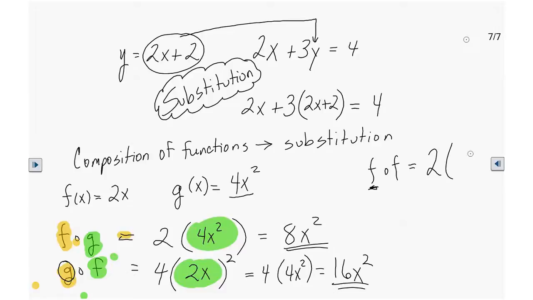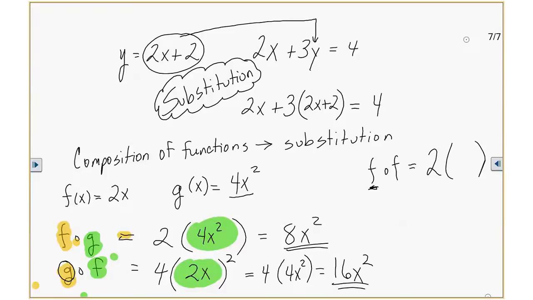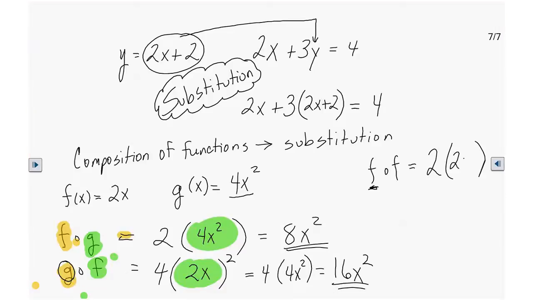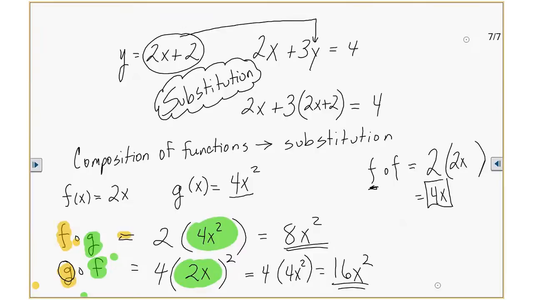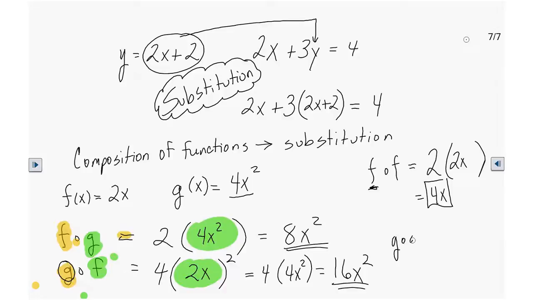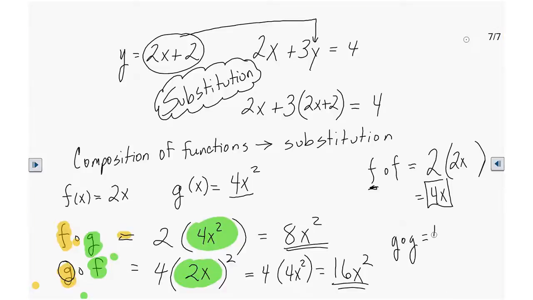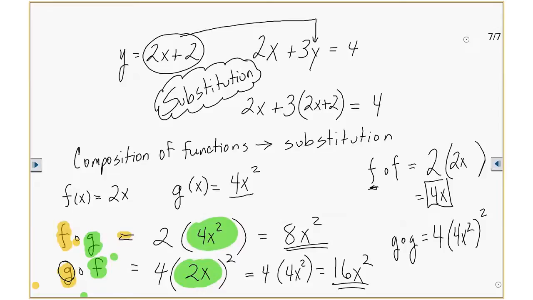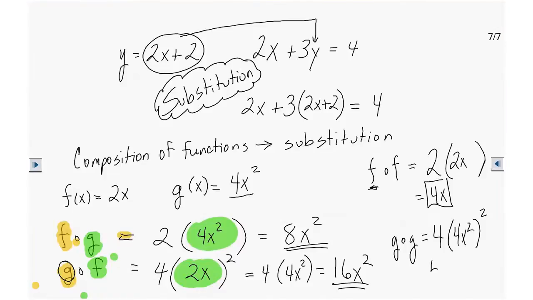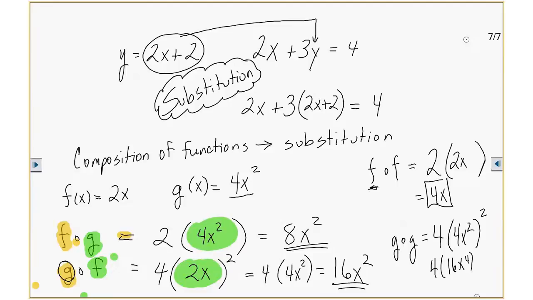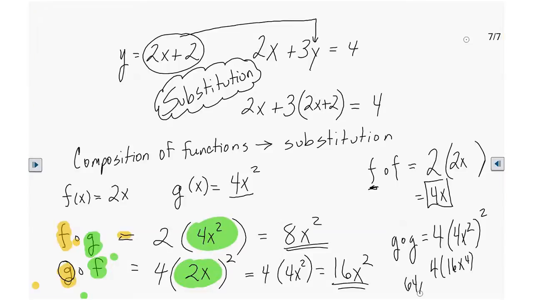And then what am I going to put in the big set of parentheses? 2x. And that's going to give me 4x. G composed of g. I'm going to rewrite g with a big set of parentheses. And what goes in there? g. So that's going to be 4 times 16x to the 4th, which is 64. Y'all check me. 6 to the 4th.